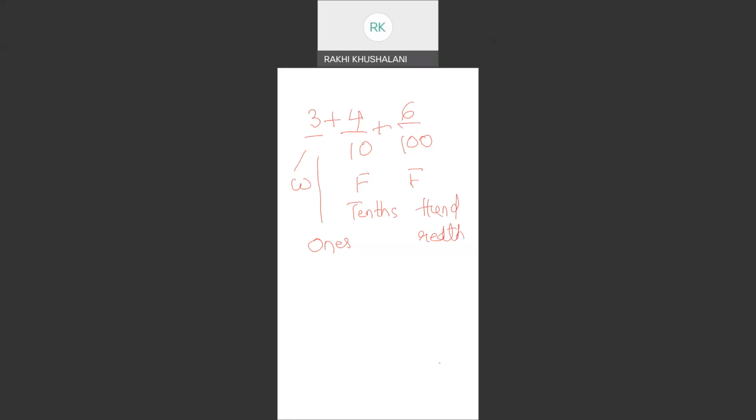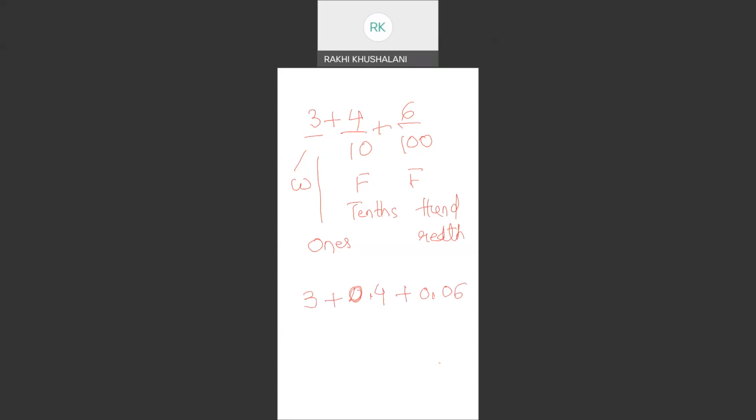Right? So 3 will be written as it is, 4 will be written as 0.4, because it's tens. How do we write tens? With one decimal place. And 6 is 100, so we write it with two decimal places.